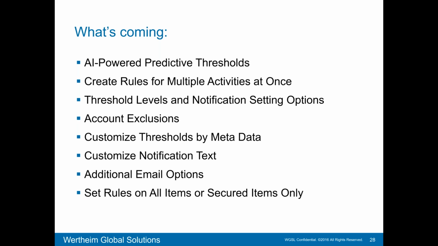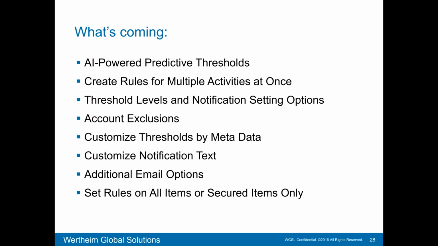We get custom thresholds by metadata and customized notification text. The current version hard codes most, if not all, of what the notification text says. Now we have variables you can insert. We have additional options for emailing. And what I insisted on was that you can set a rule that says, I want to monitor every document for exports, or I don't care about unsecured items, so only monitor the documents that are secured.